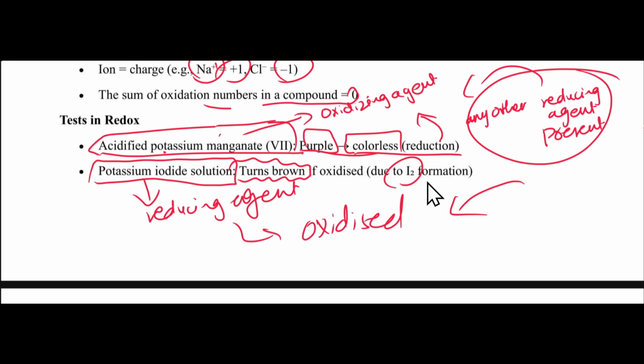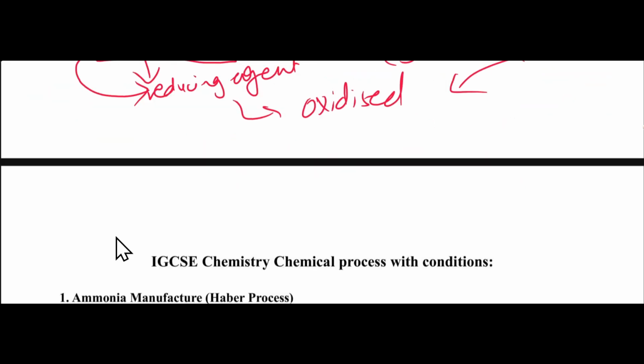Okay, so this is how you can test redox reactions, and you can also confirm which one is an oxidizing agent and which is a reducing agent, because we already know about them. Acidified potassium manganate is a strong oxidizing agent, and potassium iodide solution is a strong reducing agent. So these are the main concepts related to chapters 1 to 10, and you need to remember them.